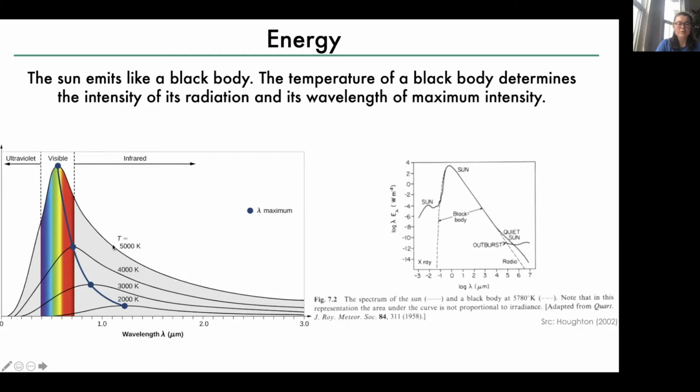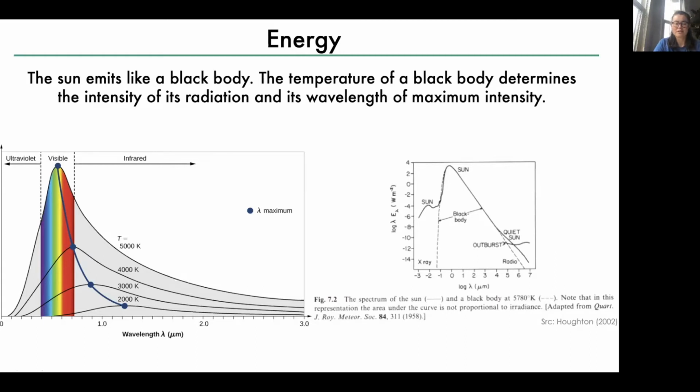So we know the wavelength of the energy that the sun is emitting. From that, we know the temperature of the sun, which is pretty cool. So we know that the sun is about 6,000 Kelvin, which is really hot.